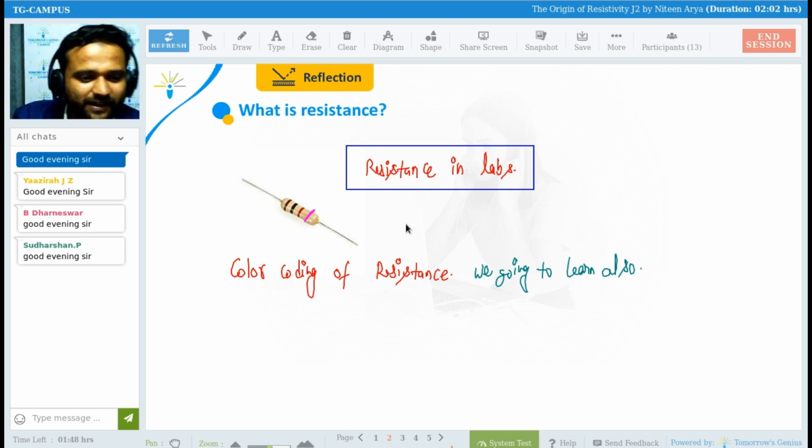Obstruction offered to the flow of current is resistance. Okay, actually it is a mix kind of answer.